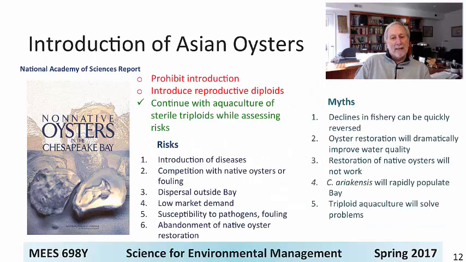So back in the administration of Governor Ehrlich, another Republican governor who wanted to do something to help the watermen and take bold action to improve the bay, they became very interested in dealing with the decline of the oyster industry by introducing a non-native oyster from Asia called Crassostrea ariakensis, which had been shown to grow well under these conditions.